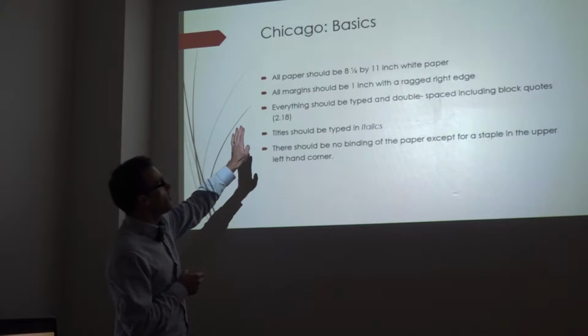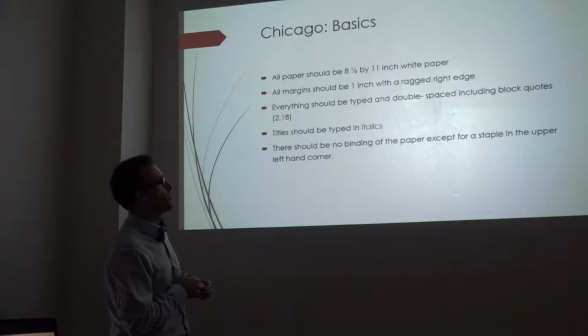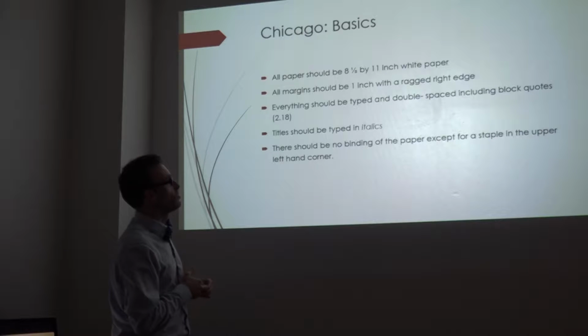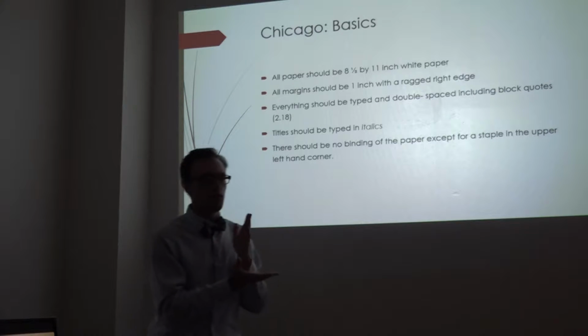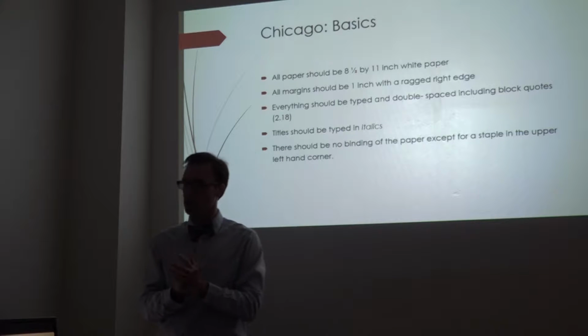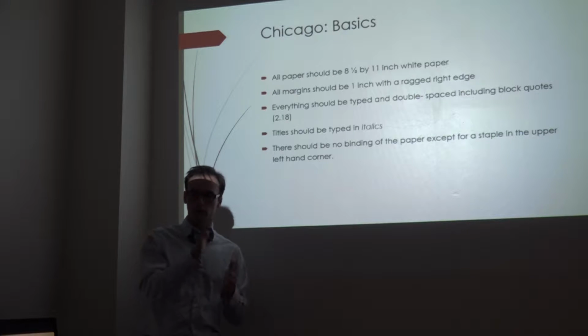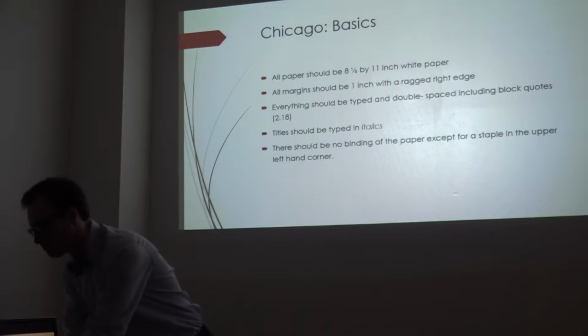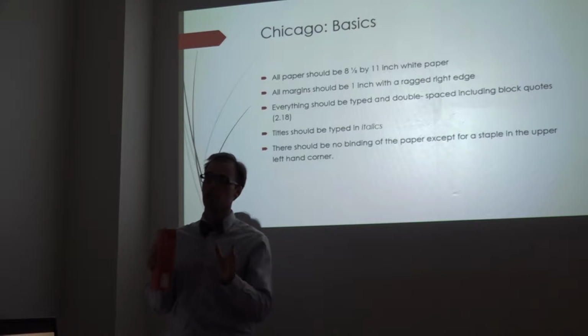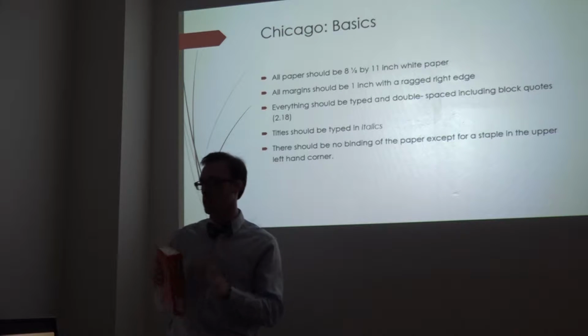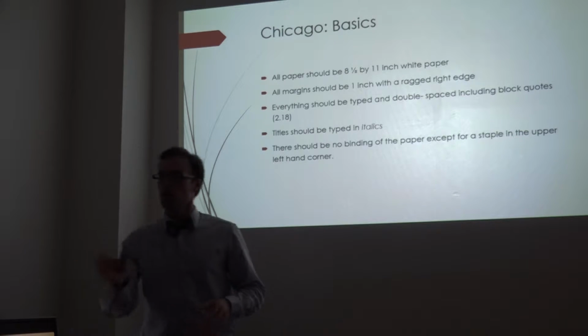Everything should be typed in double space, including block quotes. Now, for the Dissertation Manual, for your dissertations, footnotes you can keep single spaced. Now, there's one difference between Chicago and the Dissertation Manual, and I'm talking about both because you guys are doing your dissertations.